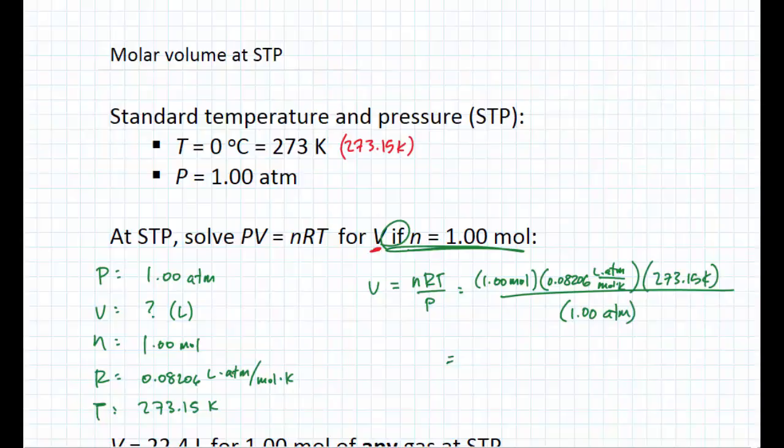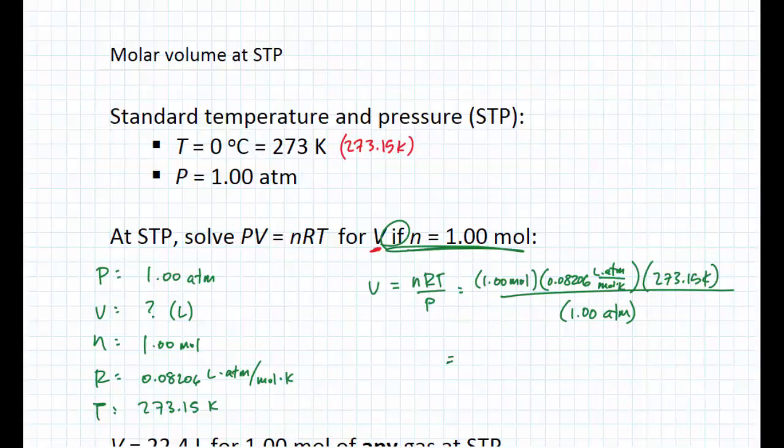So the question we're asking is what volume will 1 mole of gas take up under these standard conditions? 1 atmosphere is a very common condition, right? That would be imagining a balloon that's in equilibrium with one atmosphere of its surroundings. So if we had a balloon that had 1 mole of gas in it, equilibrated to 1 atmosphere, temperature was a little chilly, 0 C, but certainly imaginable.